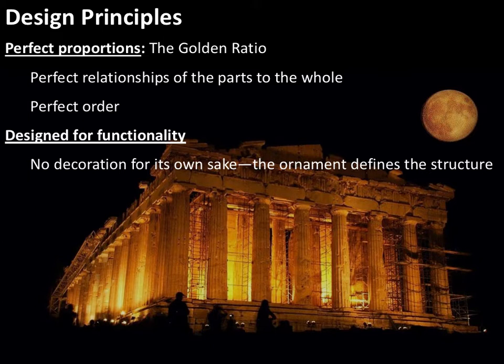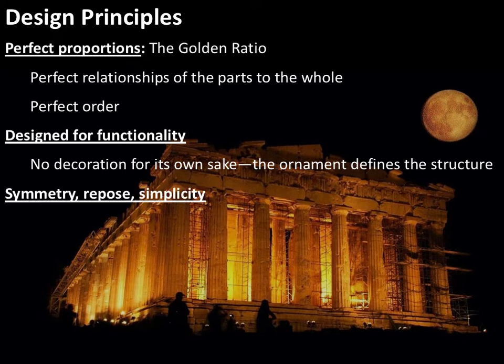Okay, so in addition to looking for perfect proportions, we could certainly say that Greek architecture is designed for its functionality. It's not decorated for decoration's sake. Whatever decoration there is absolutely helps define the overriding structure of the piece itself.